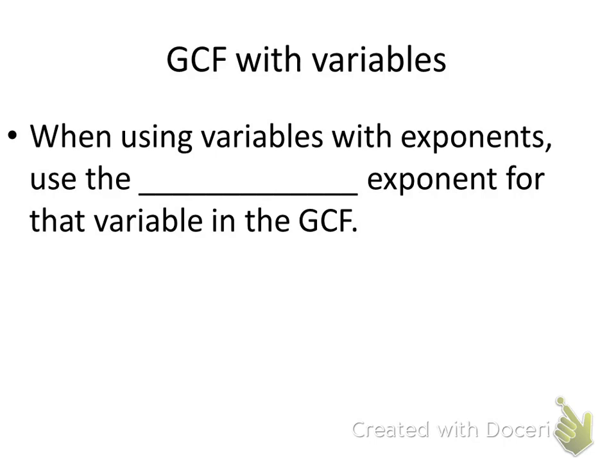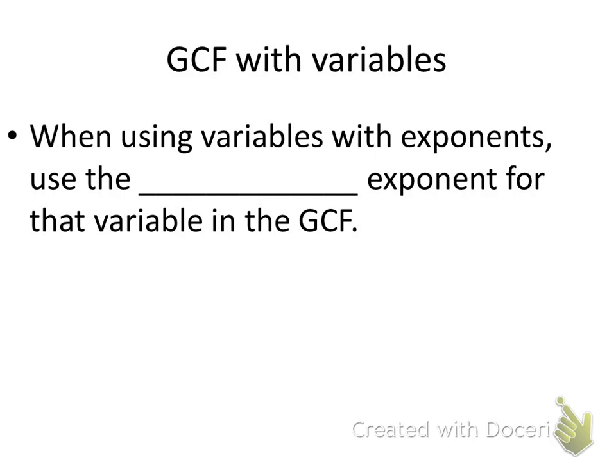Now, when we're finding greatest common factors with variables, because you are going to have variables, and those variables are going to have exponents. So when using variables with exponents, use the smallest exponent for that variable in the greatest common factor. So I'm trying to think how I can explain it to you.